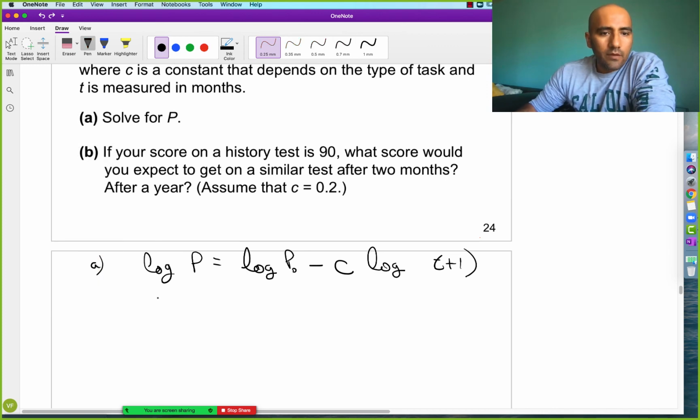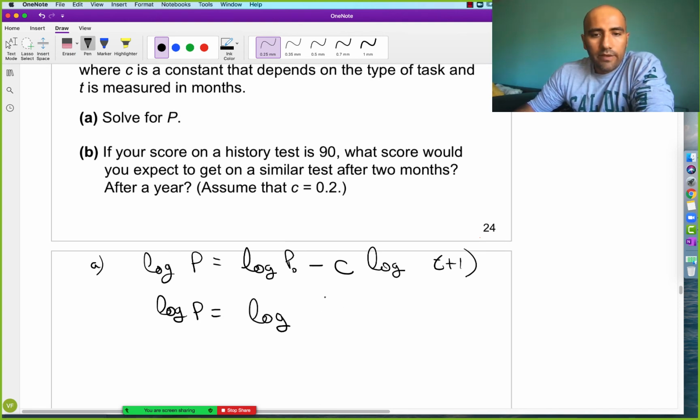Let's go back over here. So we have log of p equals log of, and this is going to be a division, right, because of the subtraction. And what I'm going to have to do is take this constant and raise it into the exponent of that guy.